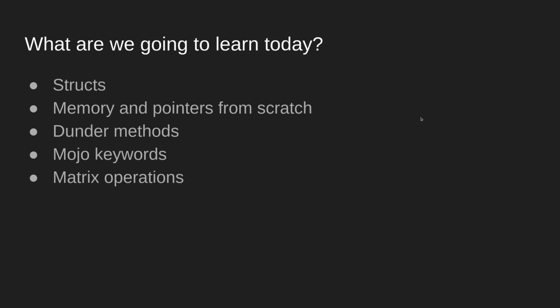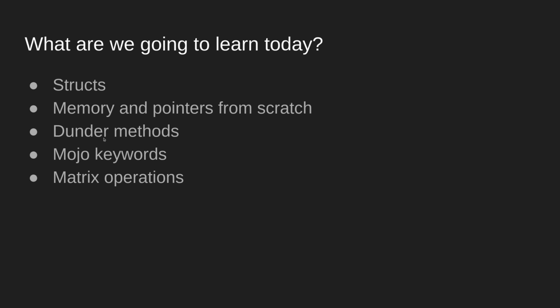A lot is going to be covered in this video. We're going to be talking about how to write structs in Mojo, which is basically a class in Python. We're also going to be talking about how to do some memory allocation and how to use pointers using Mojo.